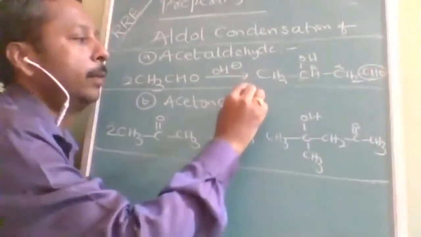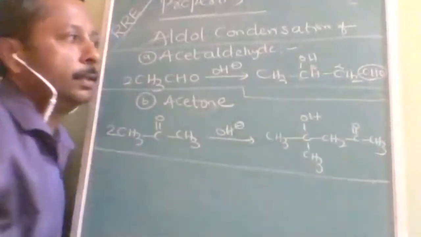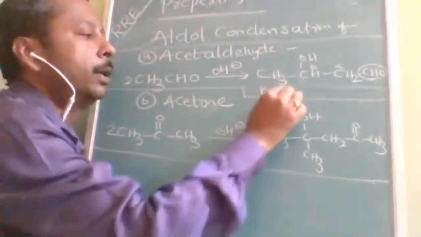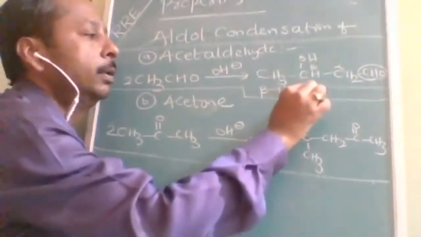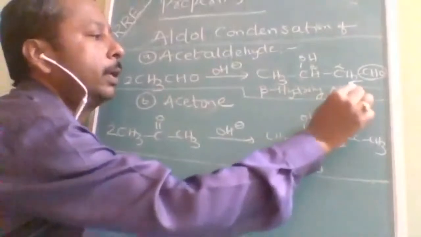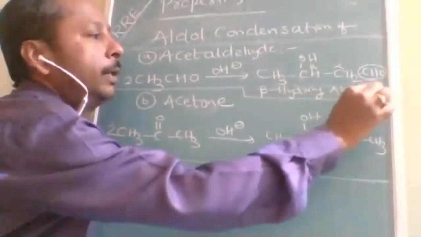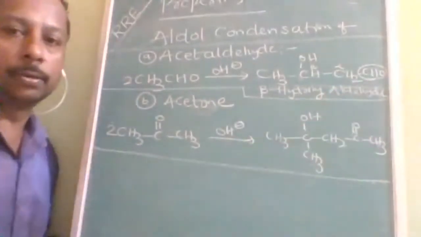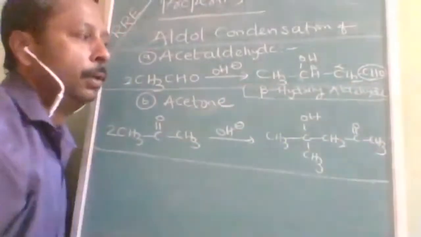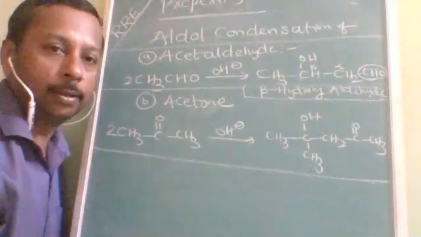This is a general name; the actual IUPAC name will be something else, otherwise it is a beta hydroxy aldehyde. If we take ketone, you will get ketone also. How to memorize that, and how to write the product, I will tell you with a memory trick.